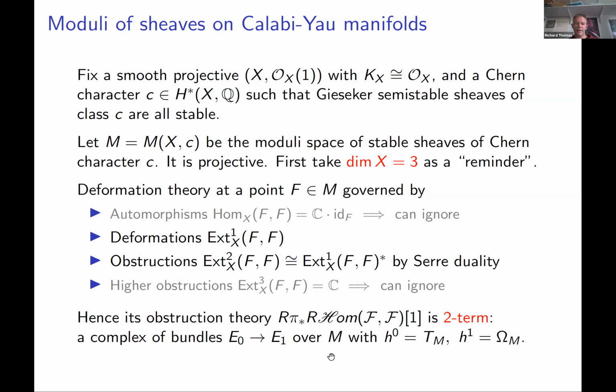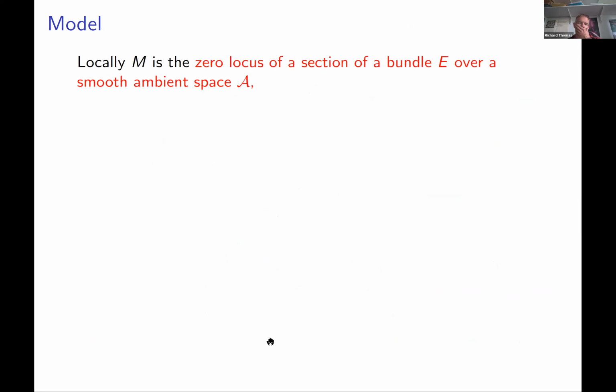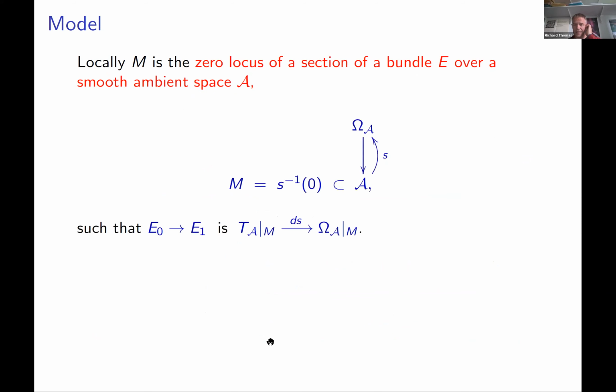All right, and whenever you have a two-term obstruction theory, you get a virtual cycle. And why is that? How should you think about this? You should think about it in the following way. So what it says is that locally, the existence of this two-term obstruction theory says that locally, M is the zero locus of a section of a bundle over a smooth ambient space. So it looks like this. You have locally, your moduli space sits in a smooth ambient space, and you have a section of a bundle.